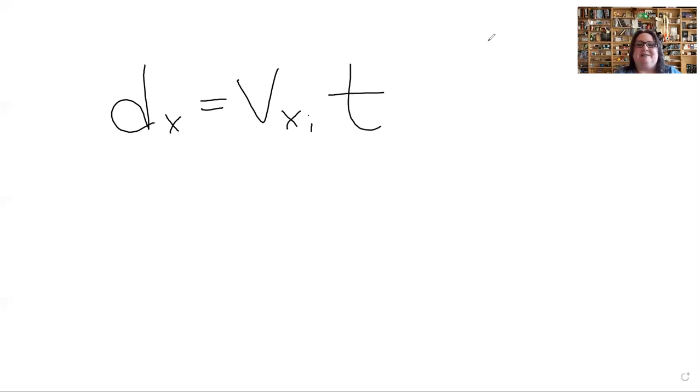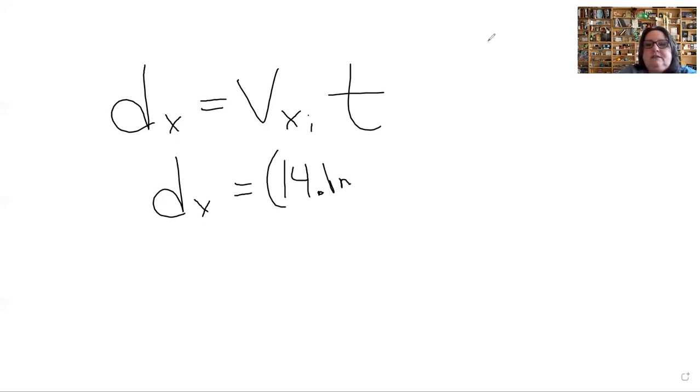And we have distance on the x is equal to our initial velocity on the x times time. So our initial velocity was 14, actually it should have been 14 instead of 14.1, but it's okay. 14 meters per second times 1.9 seconds.